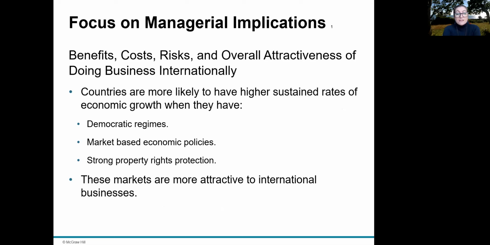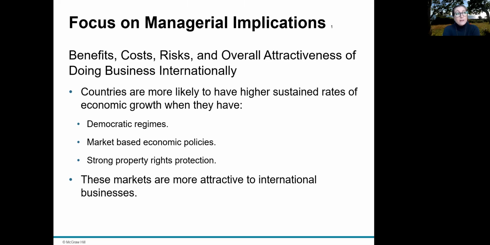All right, now let's switch gears and talk about managerial implications. What does all this mean for management practices? Well, essentially, we need to look at each nation state, each foreign market that we want to enter, and do an assessment of the overall attractiveness of doing business in that country.